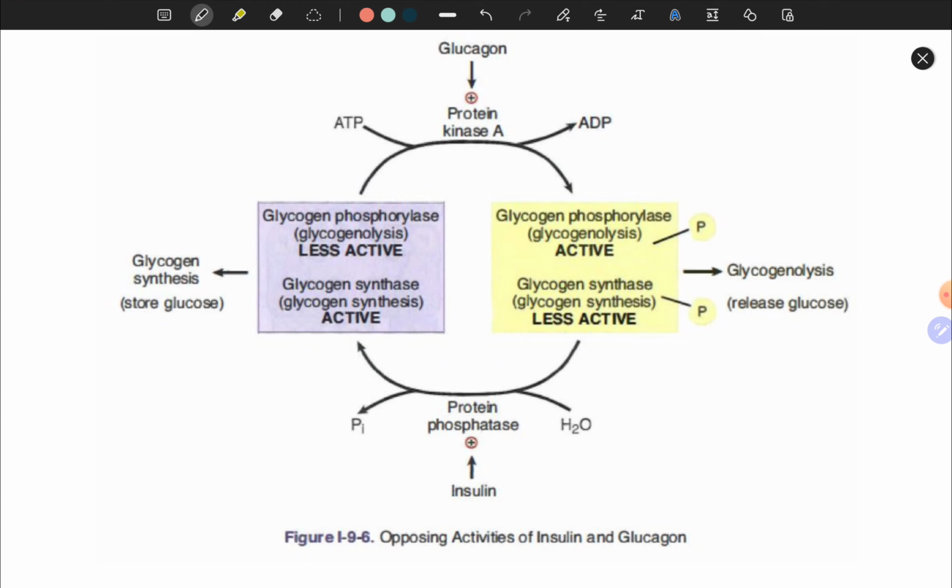Phosphorylation changes the enzyme activity. Phosphorylation of glycogen phosphorylase makes it active, and phosphorylation of glycogen synthase makes it less active.